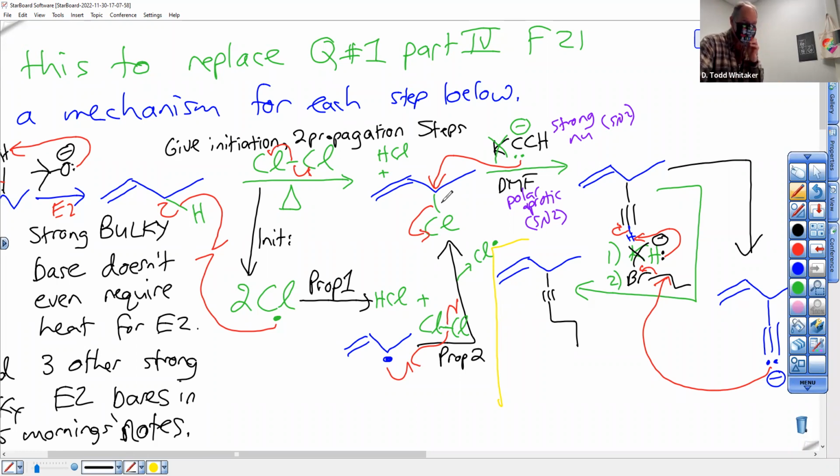Backside attack, 6. That's not an intermediate because it was already drawn. Take the terminal proton off, 7. Intermediate, 8. Arrows, 9. Somehow I'd find a way to make this worth 10 total. And that's it for that.